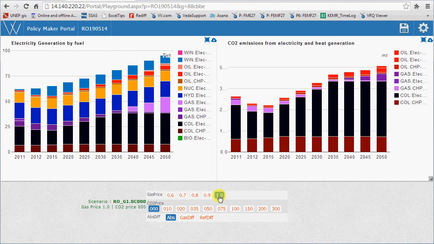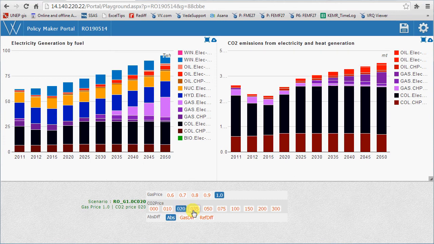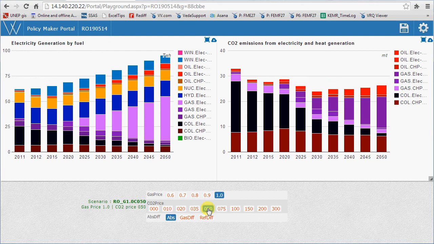Now let us see the impact of carbon prices. The changes definitely will be much higher. So with $10 you see some more gas, 20 still some more gas, 35 now you see coal really starts to go down from its earlier levels towards the end. 50 coal almost goes to zero by the end.